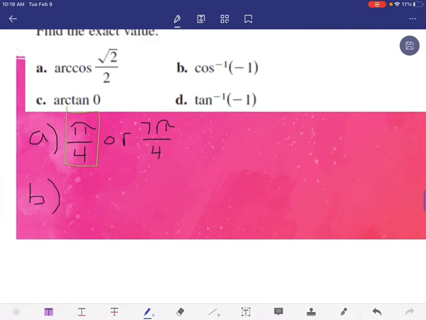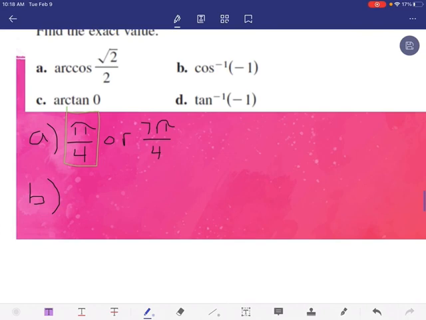So for cosine inverse of -1, again, I'm thinking backwards. At what angle does cosine equal -1? Well, remember that cosine starts at our maximum value for our graph, at 1 at 0. And then we know that it also ends at 1 at 2 pi.